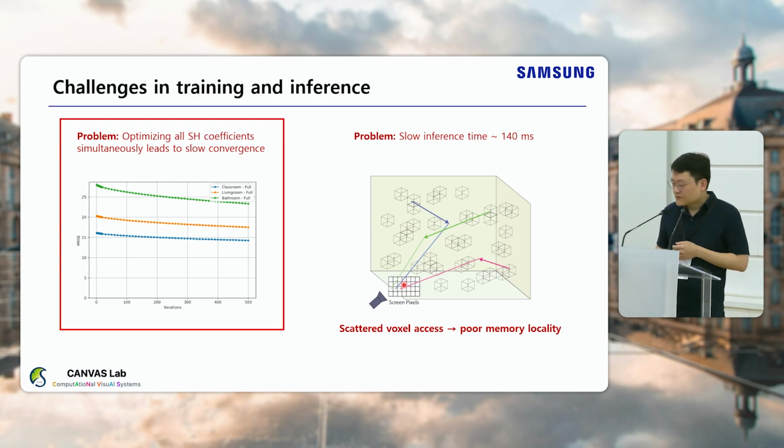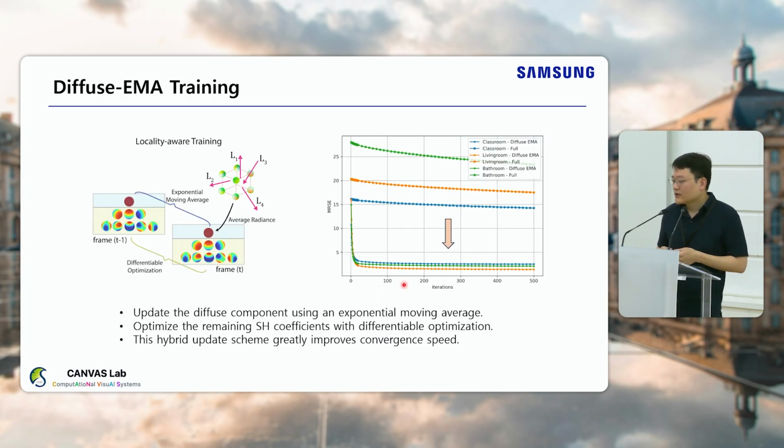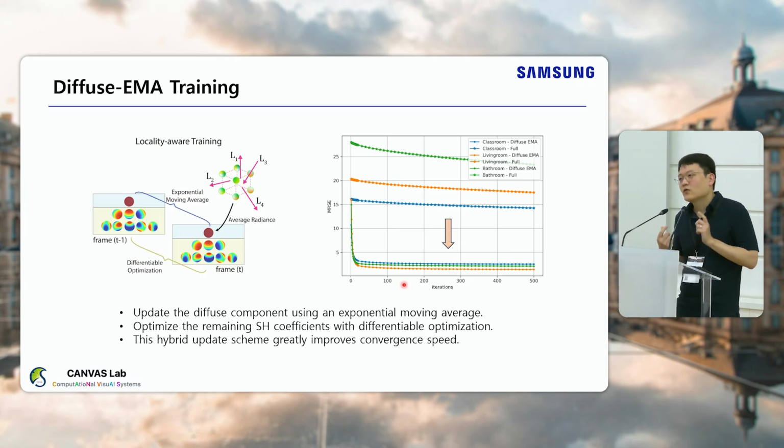To solve this problem for training, we introduced a diffuse EMA training method. Basically, for the diffuse term, we apply an exponential moving average, and for the remaining terms, we optimize them using differentiable optimization. By doing so, we could greatly improve convergence speed.